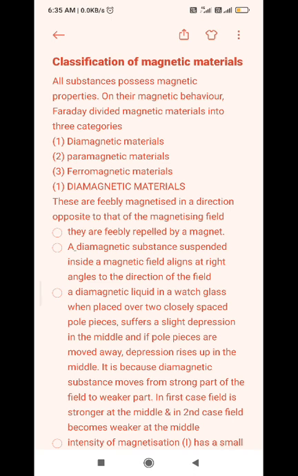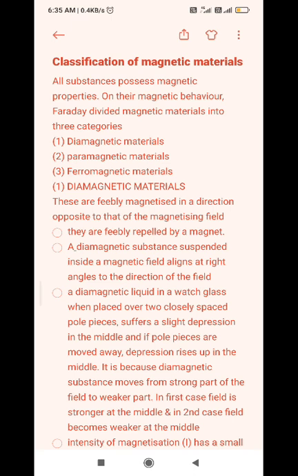They are diamagnetic, and paramagnetic examples are aluminum, antimony, platinum, copper chloride, manganese, chromium, and oxygen. They are the examples of paramagnetic material.